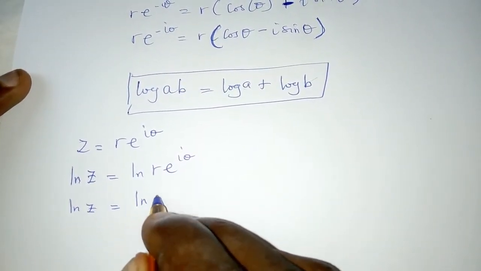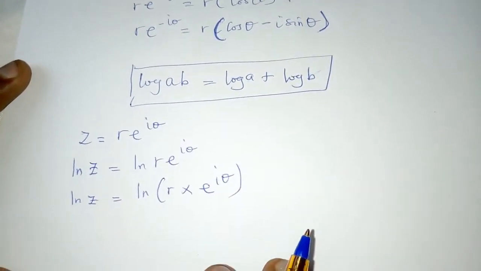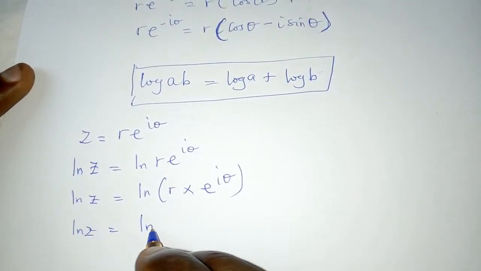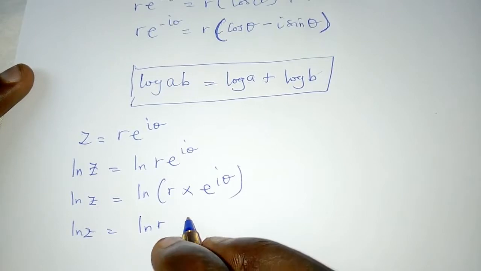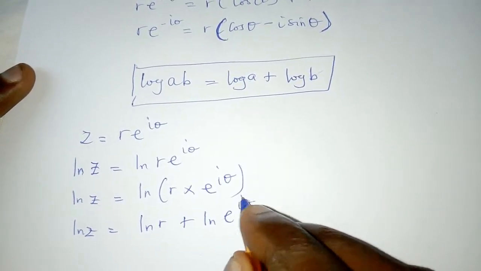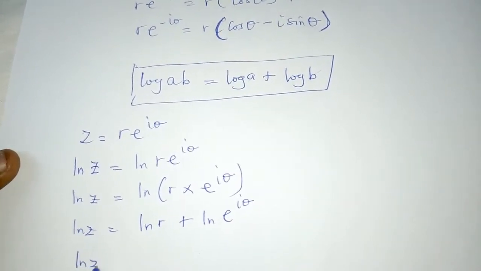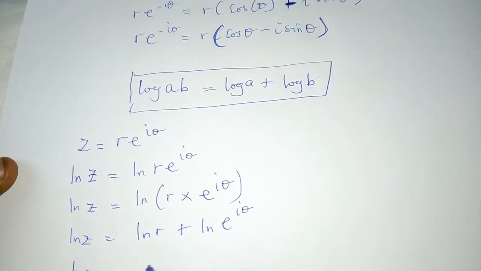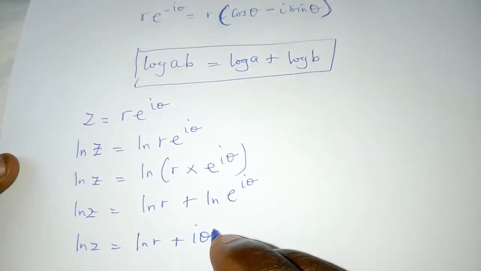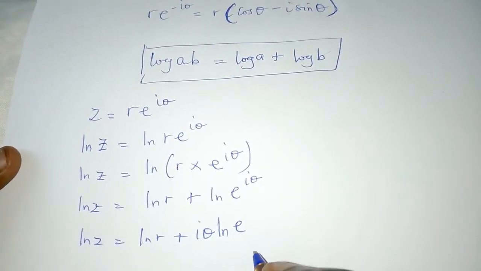I can simply write this as r multiplying e^(i theta), and so this turns out to be natural log of r plus natural log of e^(i theta). And this exponent comes down here to become ln r plus i theta natural log of e.